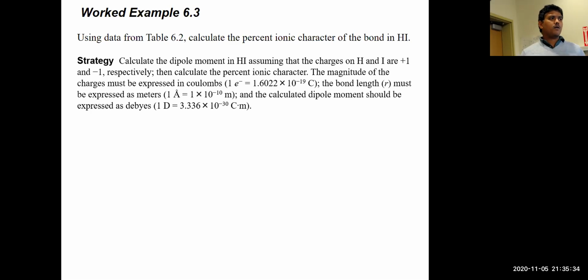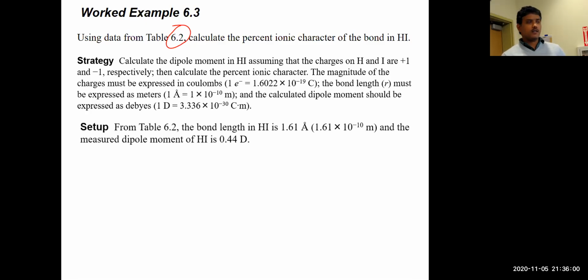So for a non-polar covalent bond, it is asking us to calculate the percent ionic character to see if it has any ionic character. What we have to do for that is calculate the dipole moment using the data that we have, like the distance between them and the charges between them. Well, actually, we don't have to do that because table 6.2 thankfully already gave the dipole moment between hydrogen and fluorine, which is 0.44.